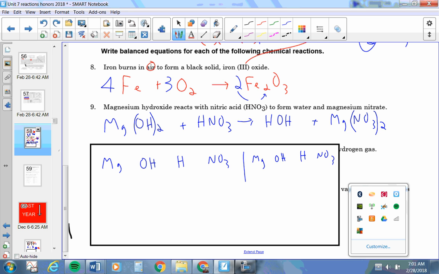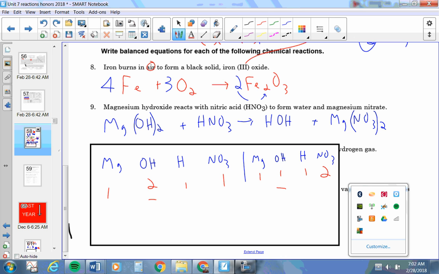I write it in the same order so that I can go down the line and compare. Count them up. 1, 2, 1, 1, versus 1 H, 1 OH, 1 Mg, 2 NO3s. So what's the first thing that doesn't match? I would say the OHs. I got 2 of them over here, but only 1 of them over here.